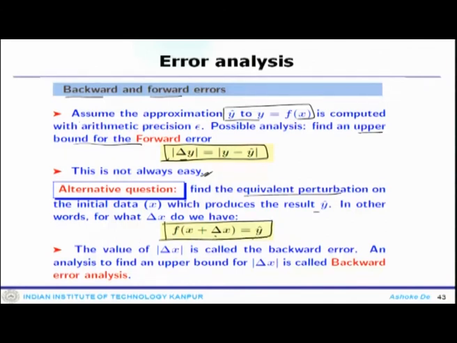So, this is the problem statement, the approximation of y hat to y. If the initial data is perturbed, it will lead to that. The value of delta x is called the backward error, and you can do certain analysis and find the bound of the backward error.